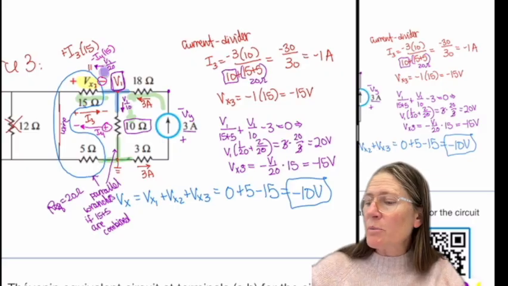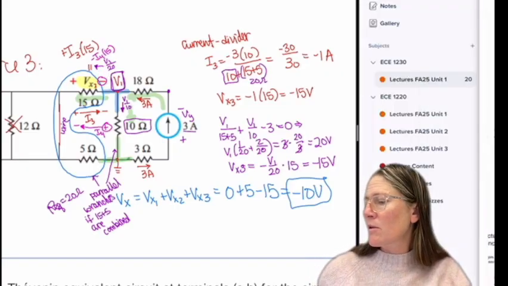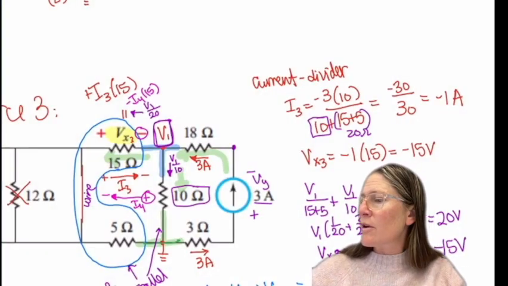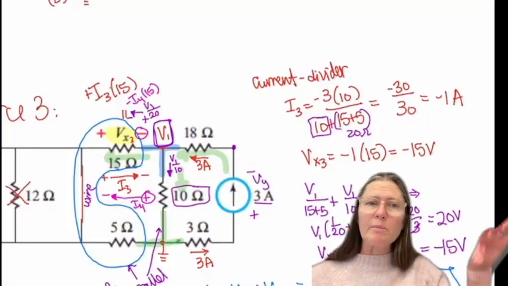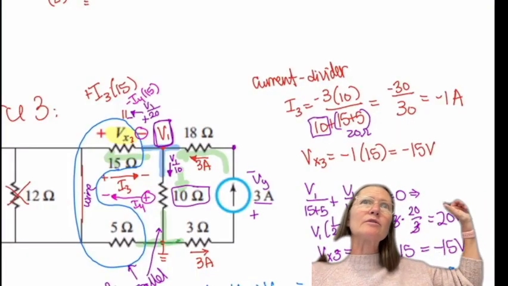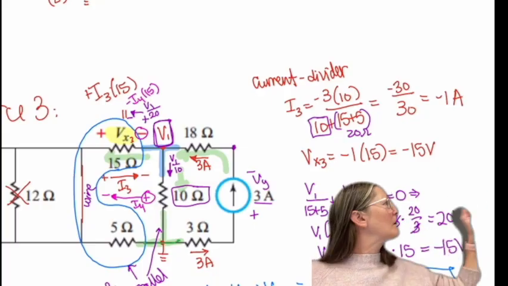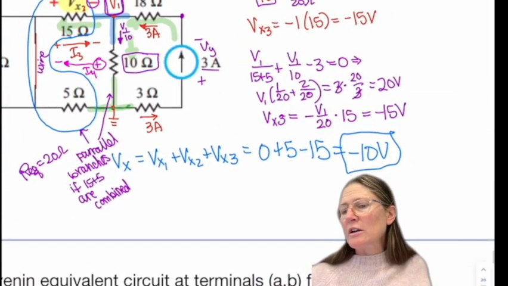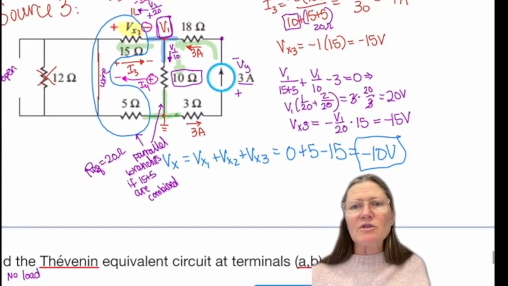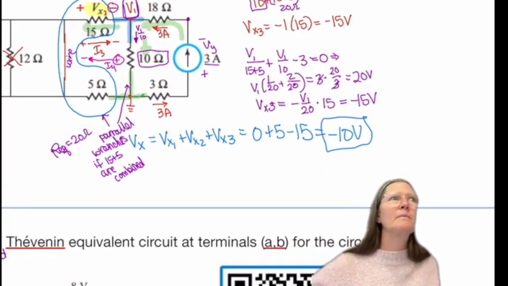The polarity of this one is a plus to minus, which is opposite the polarity of the VX3. So you get a minus I times R. So with that, it would be a minus V1 over 20 times 15, which gives you minus 15 volts. So you'd get minus 10 volts total there.